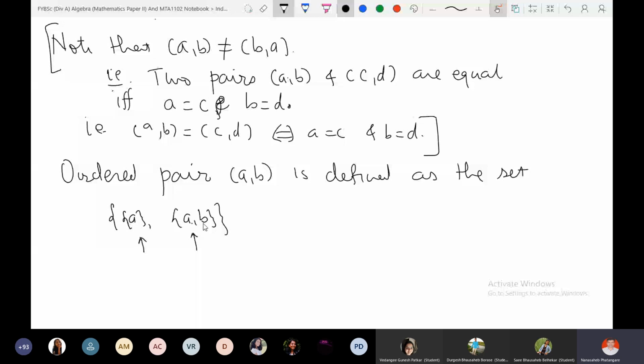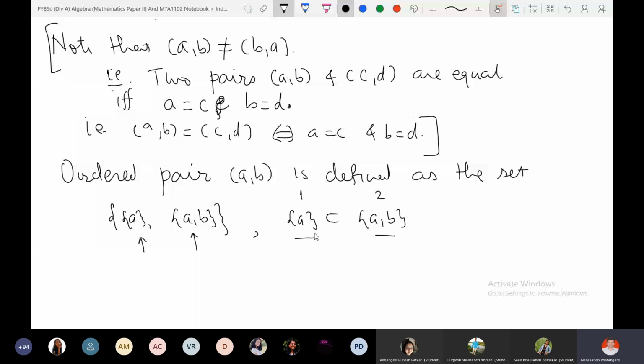So remember that this set A is contained in set AB. So this is a smaller set and this is a larger set, and therefore we call this the first component and this the second component of ordered pair. Okay, listen carefully. What is ordered pair AB?